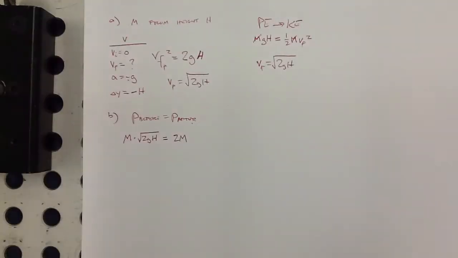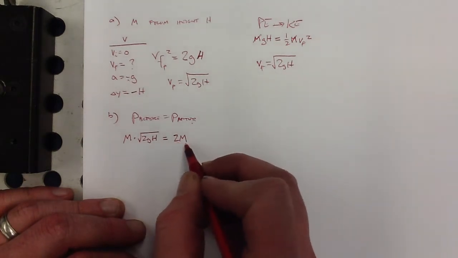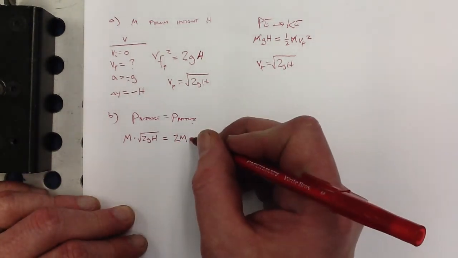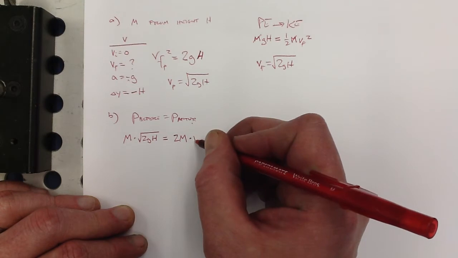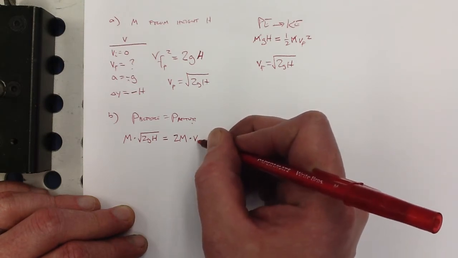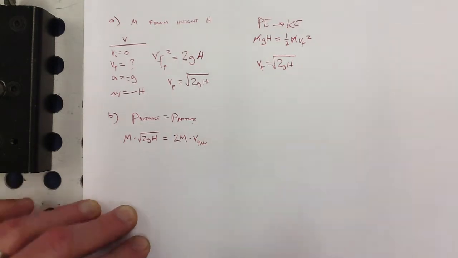They're going to move together after the collision. So it'll be 2m mass total times the velocity of the pan. So I'll call that velocity of the pan.